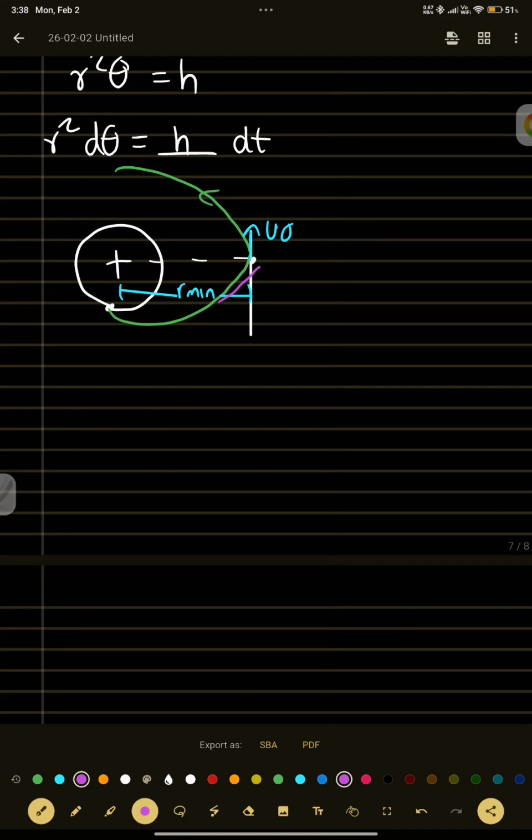So here the velocity is like this, tangent to the thing. This is the V naught. Instead of getting this, you are getting this. Let's say this is almost the same location. ठीक है?